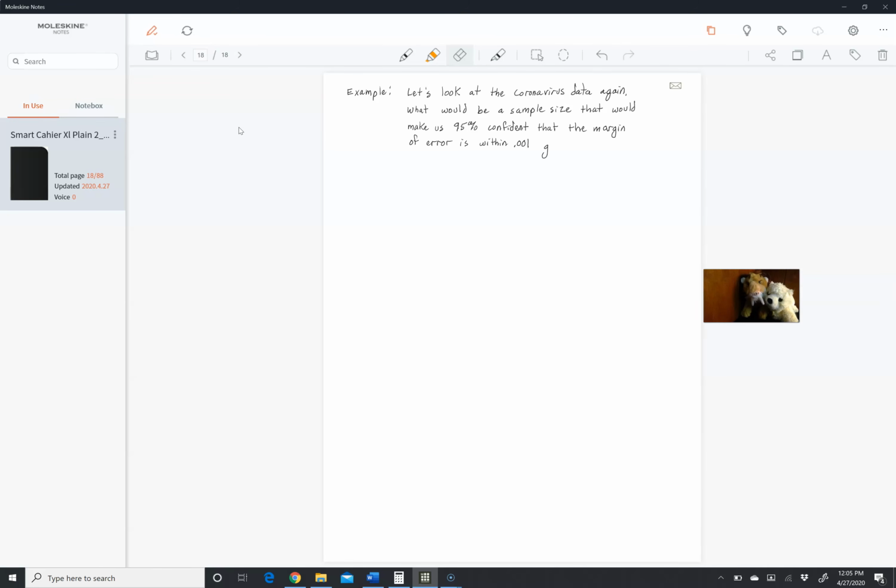Given, again, the same data, p hat is equal to 0.139.